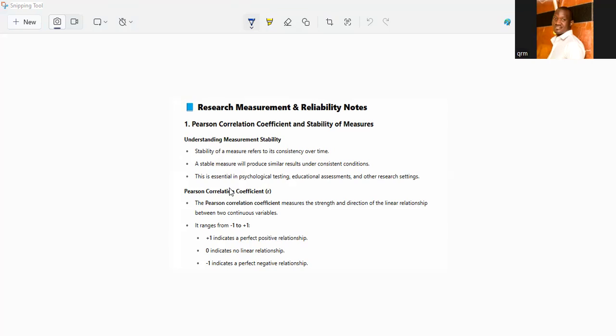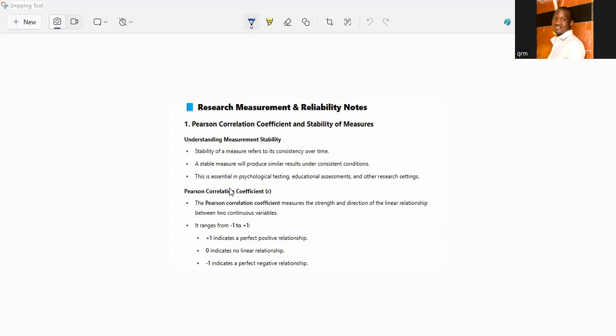It is very important to have test-retest reliability in a number of fields like psychology, education, and medicine. A stable measure in research implies that the variations in the scores would be due to actual changes in the construct that is being measured.